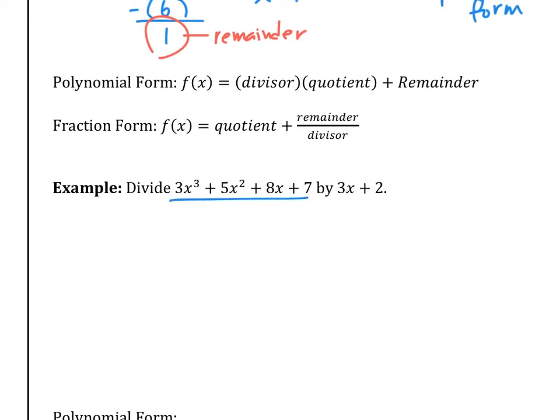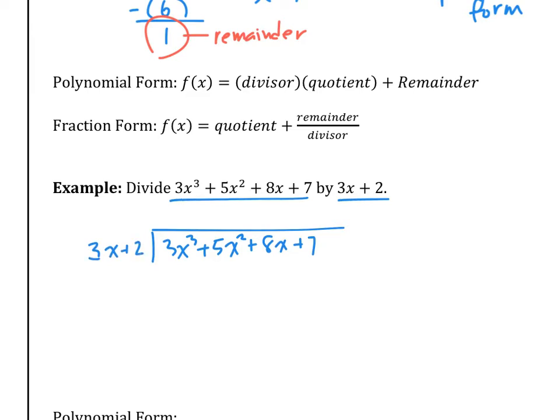If we were to take this polynomial and divide by this polynomial, let's set this up: 3x cubed plus 5x squared plus 8x plus 7 divided by 3x plus 2. We're going to compare the highest degree to the highest degree. So you ask yourself, 3x times what is 3x cubed?